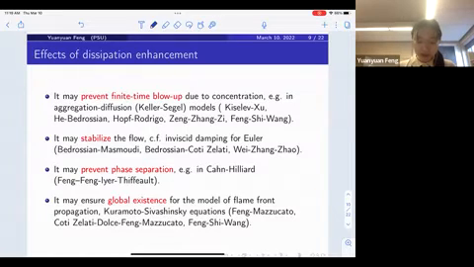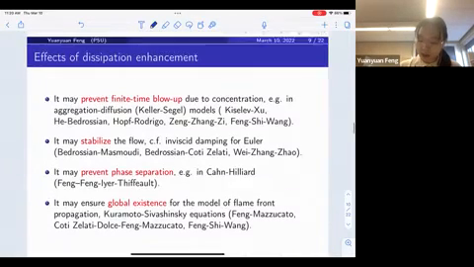For example, in the aggregation diffusion model, like the Keller-Segel model, usually in 2D or 3D there would be blow up of the solution, right? But if we add this kind of flow to this system, one can prove that if the flow is large enough, then there will be global existence of the solution.